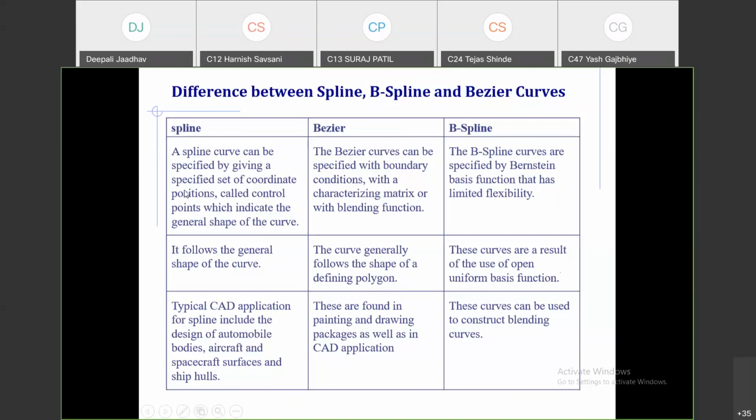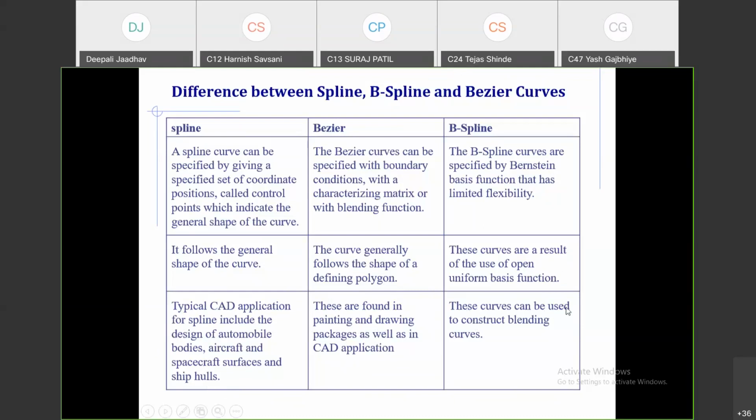Where are they used? Spline curves are typically used in CAD applications, including the design of automobile bodies, aircraft, spacecraft surfaces, and ship hulls. Bezier curves are found in painting and drawing packages as well as in CAD applications.